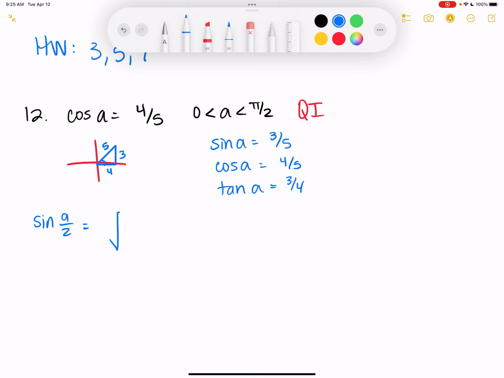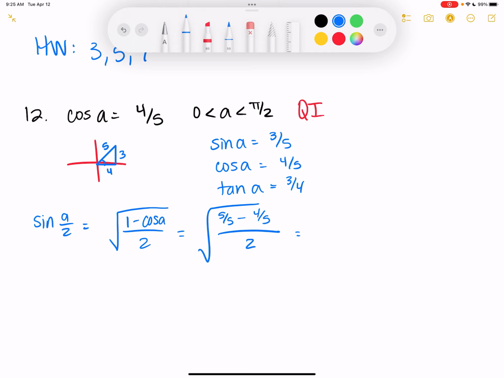It's all under the radical: 1 minus cosine A, over 2. So then we're going to replace cosine of A with 4 over 5. So since it's going to be over 5, I can go ahead and rewrite this 1 as 5 over 5, minus cosine of A, which is 4 over 5, all over 2.